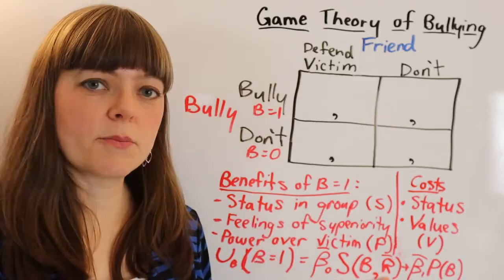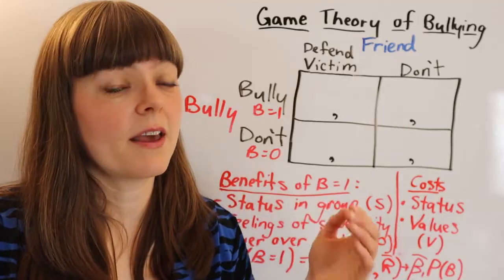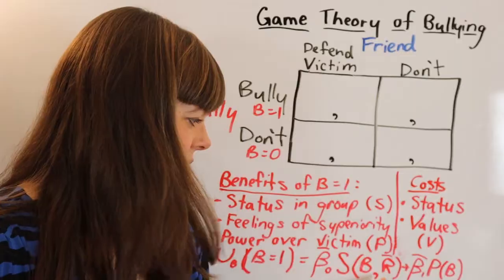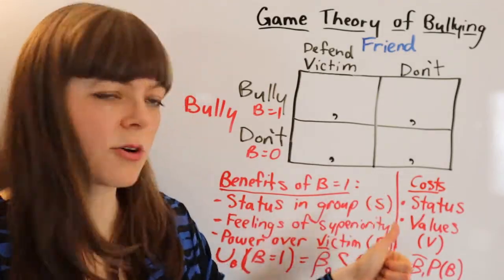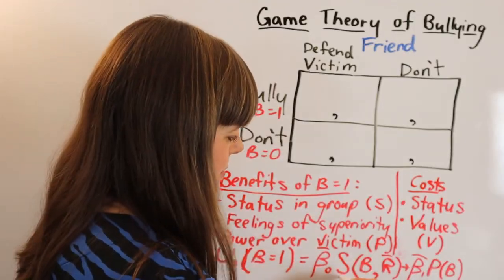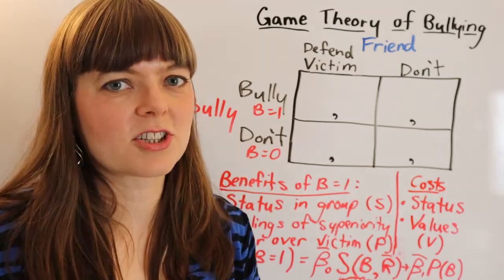Whereas if the bully believes that the group would reject the bullying, and if someone stood up to the bully, everybody else would go with that person, then this is going to be a negative term. Increasing your bullying will decrease your status in the group. There's a negative relationship between these two things. That's the bully's objective function.